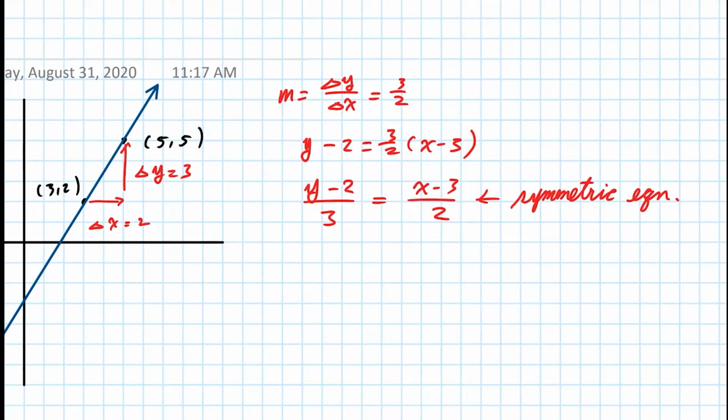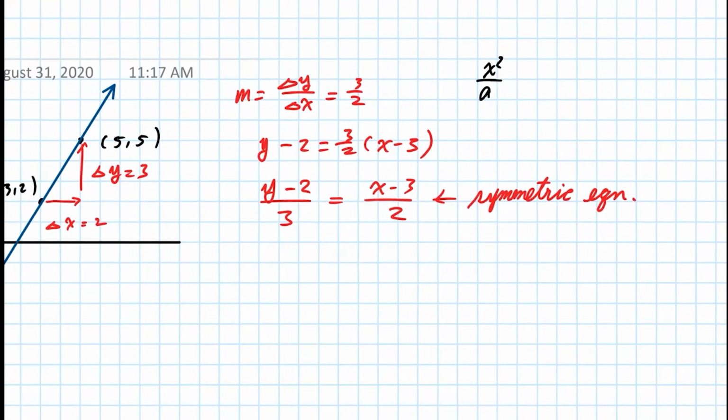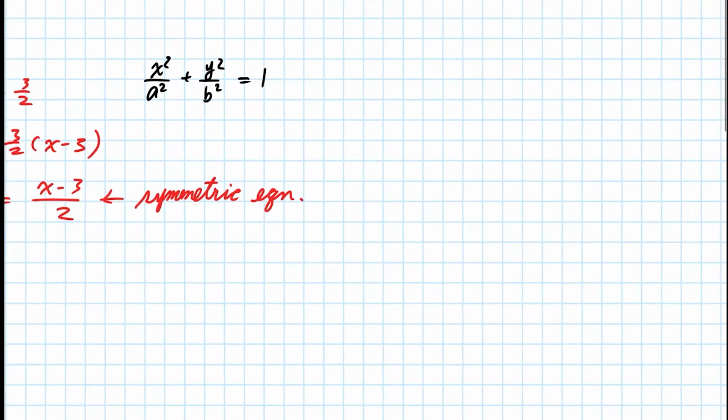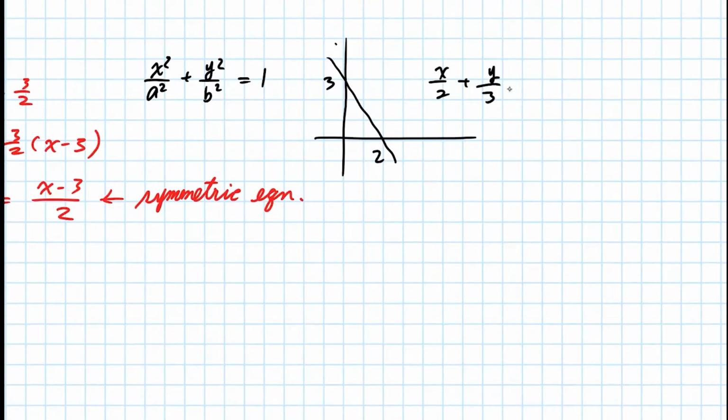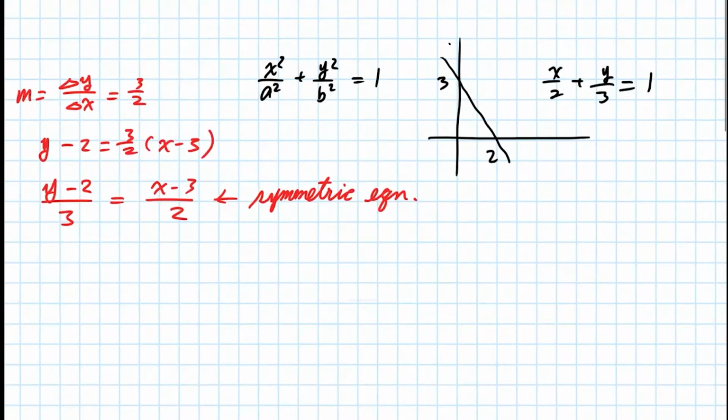By the way, like x squared over a squared plus y squared over b squared is equal to 1 kind of thing? Even better, I'm not sure if I talked about this, but suppose we have, say, this. What's the equation of this, really quick? Oh yeah, everything looks kind of like this, eh?